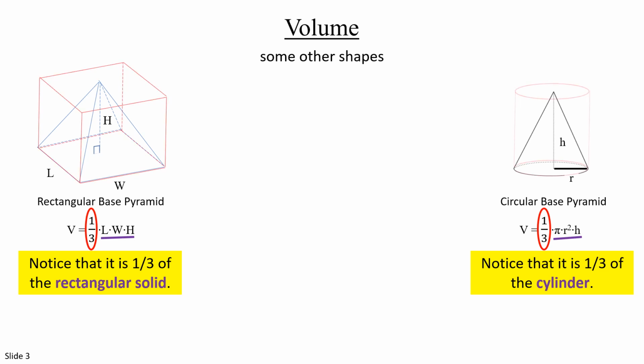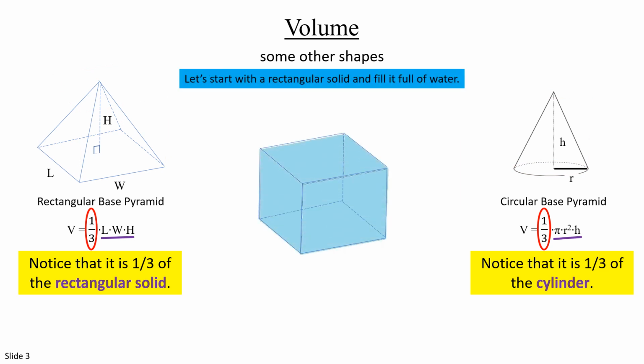See, there's the rectangle, and you can see that it's smaller, and the cylinder, you can see that the volume is smaller. It happens to be 1/3. I know you don't believe me. So let's start with a rectangle and fill it with water.